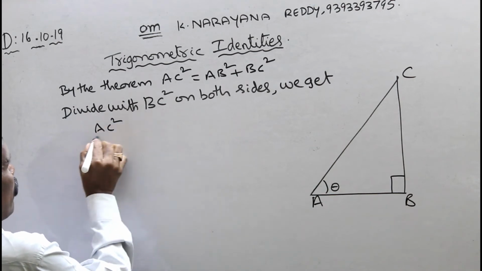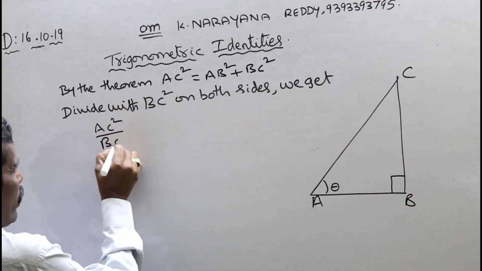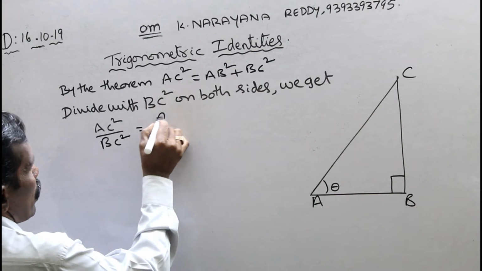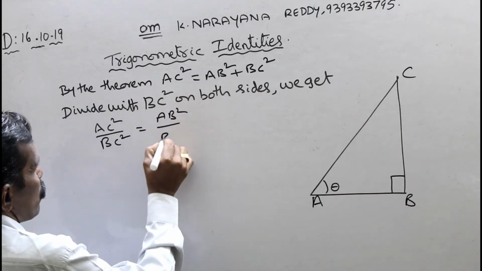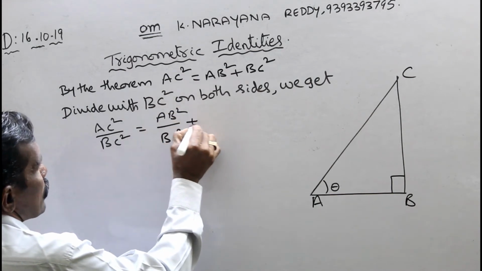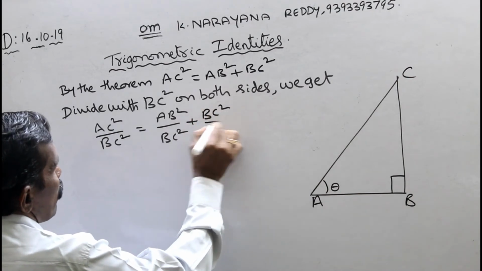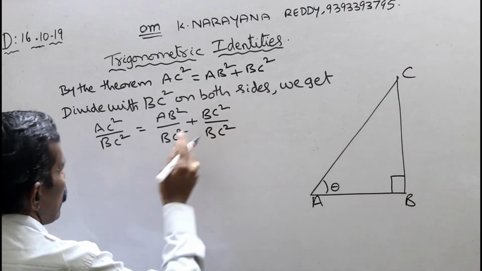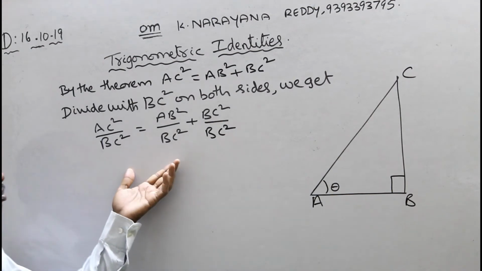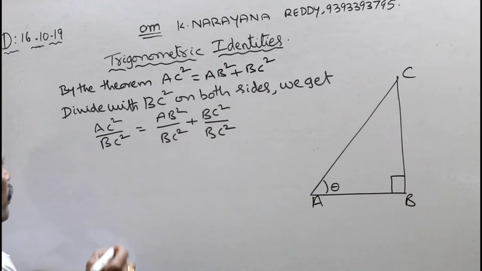AC square by BC square equals to AB square by BC square plus BC square by BC square. I am writing direct step. Okay.